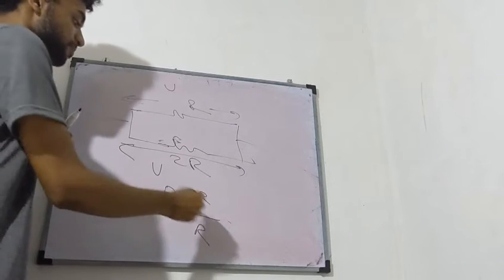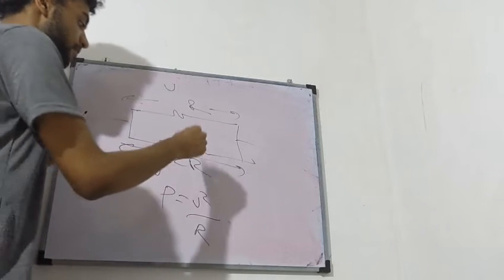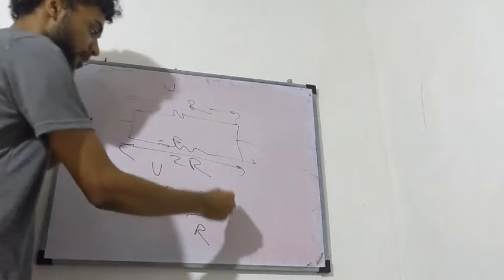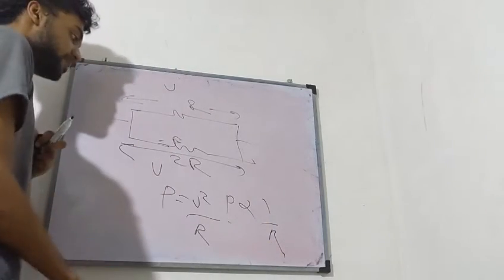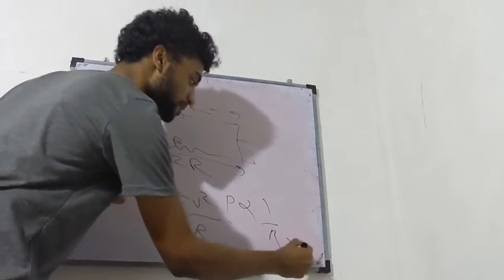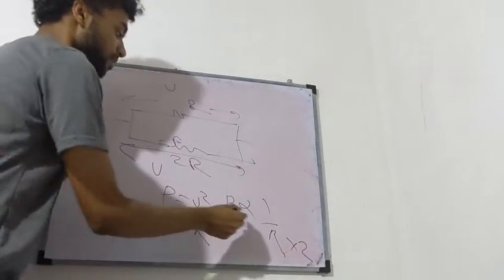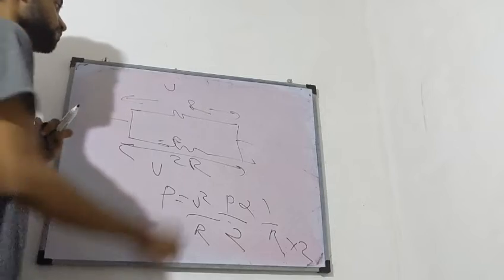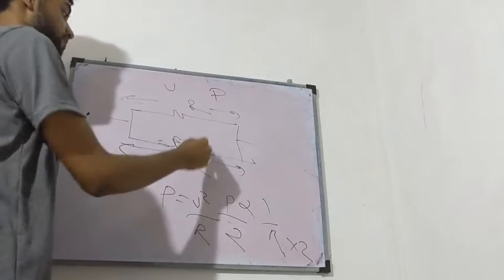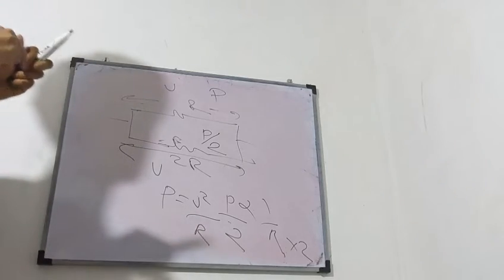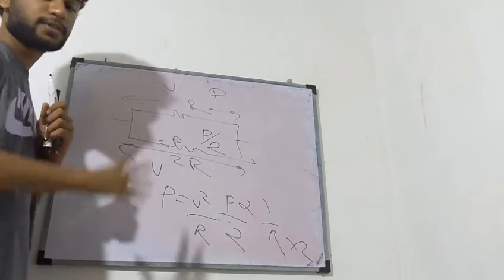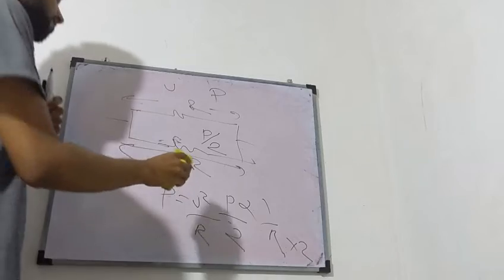Then if the potential difference is the same, V squared is the same for both. Therefore, power is inversely proportional to what? 1 over R. That means if I double the resistance, I get what? Half the power. So if the power of this one is P, the power of this one is what? P over 2. I hope it's clear. So facts like this can be done very soon. Very easy, this topic.